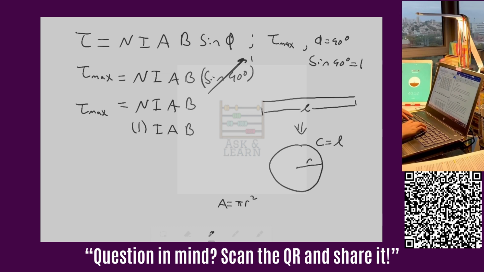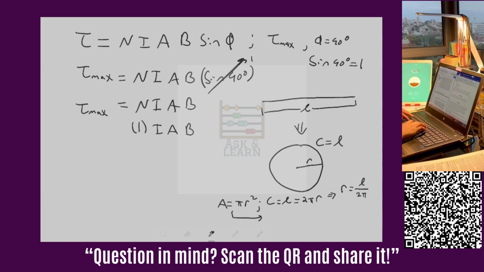We don't quite know the radius, but we do know a relationship between the circumference, which we know is L, and the circumference of a circle, which is 2 pi times r. So we can use this equation to solve for r in terms of the length of our wire, which is the length divided by 2 pi, and then we can plug that into the equation for our area.